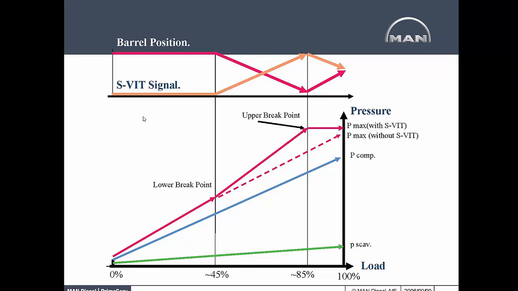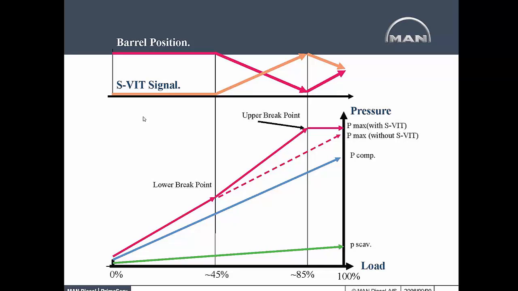So to do this, that pneumatic piston that moves the rack back and forth has a pneumatic signal going to it that is going to increase from 45% to 85% load, rotating the collar, and then your barrel will actually lower down, and by lowering down, that is going to advance your timing up to 85% load.